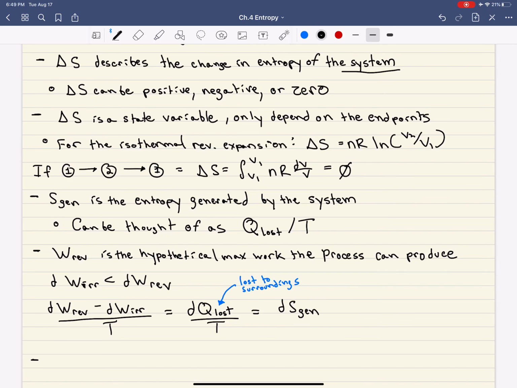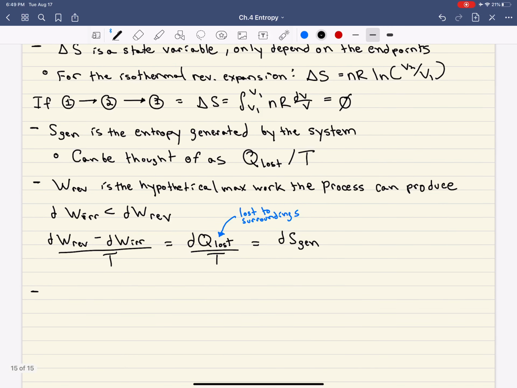I talked specifically about the system, but more generally, we also need to think about the change in entropy of the universe. The change in entropy of the universe when a process occurs is equal to the change in entropy of the system plus the change in entropy of the surroundings.